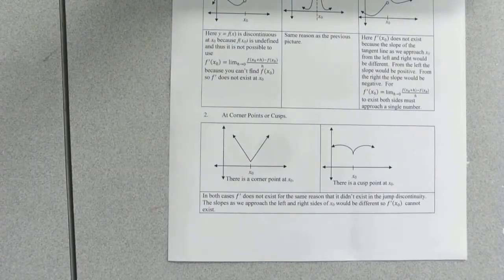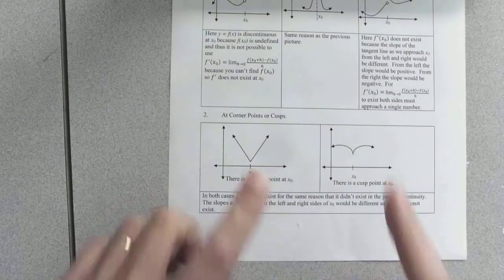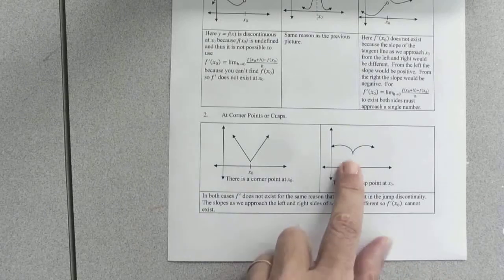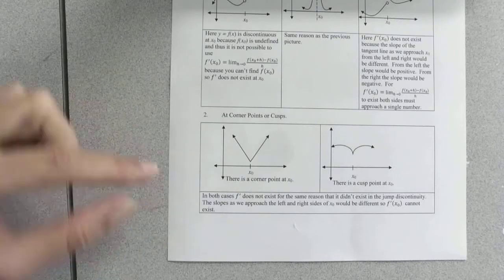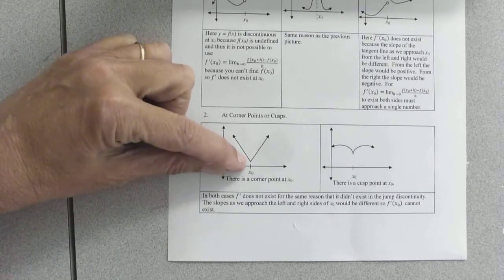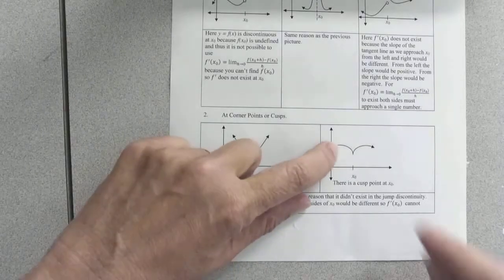Next one, at corner points or cusps. So that's a corner point. There technically is a cusp. There is a technical definition of cusp. We won't go into that. So corner points or cusps, we'll think of the same thing. But again, it's about slopes. Slope on this side is negative. The slope on that side is positive. The slopes aren't matching up, so there can't be a derivative.